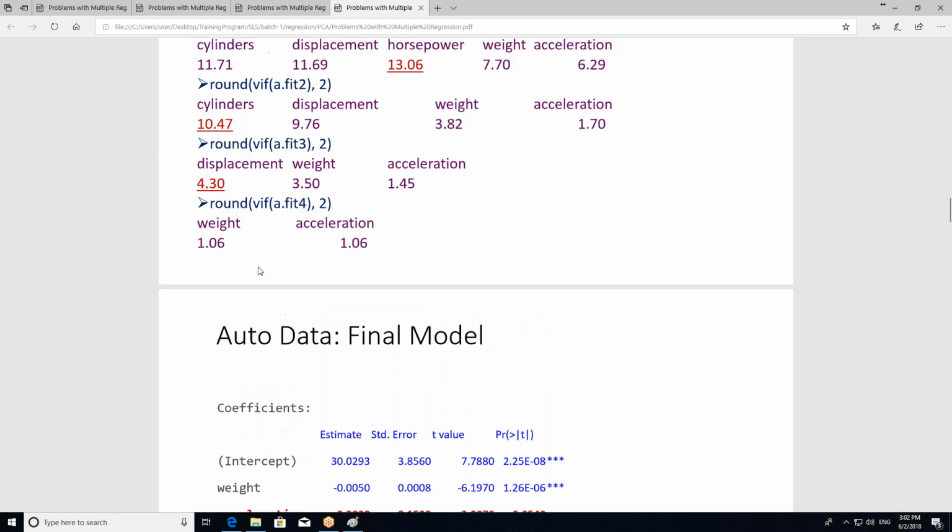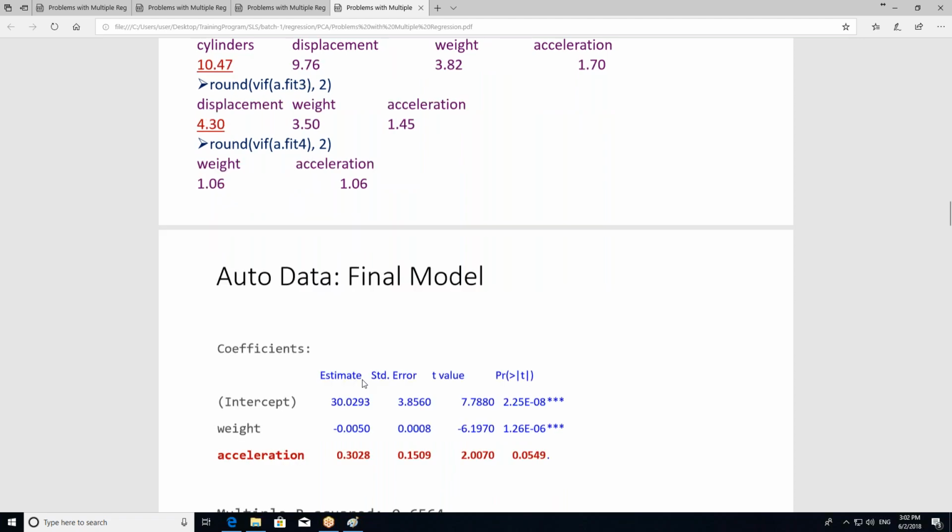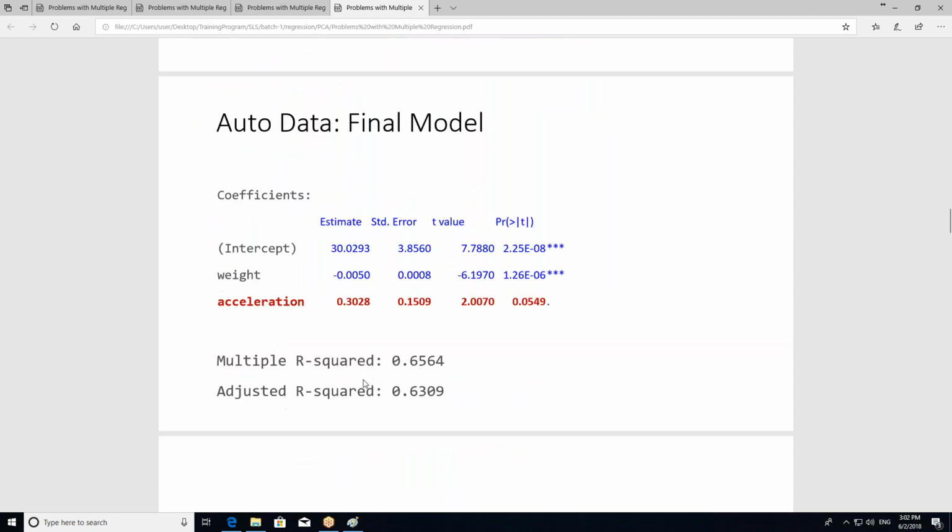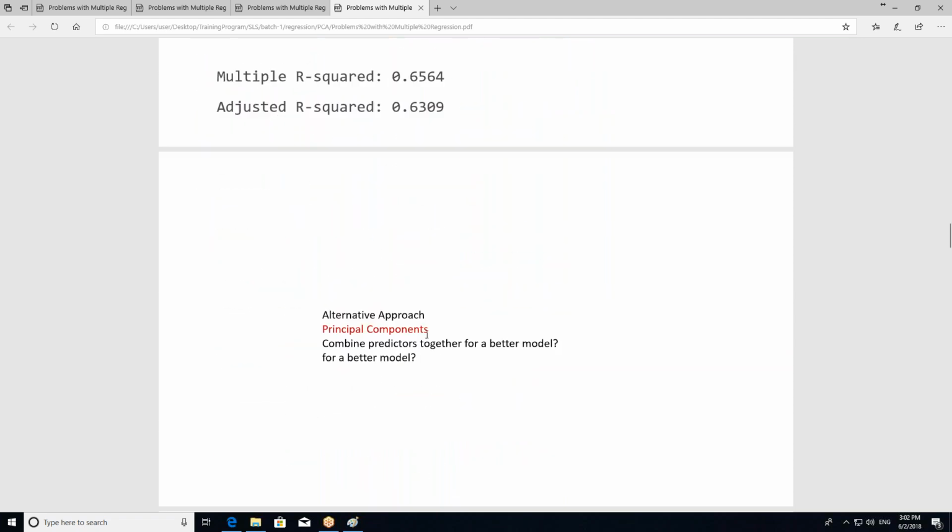Here, the VIF is only an immature way of handling this problem, and it is not practically used in any industry. But the second approach for dealing with such a problem is called the principal component approach. Okay, so the alternate approach is called principal component, and then we will go and see how factor analysis also can be used.